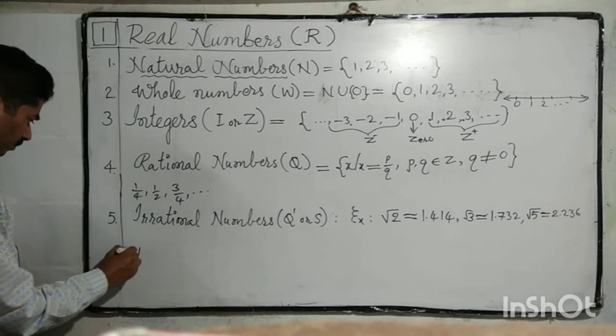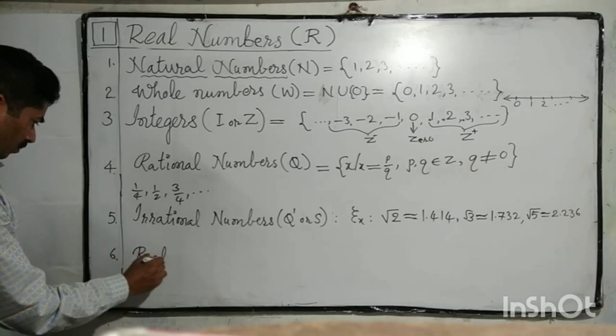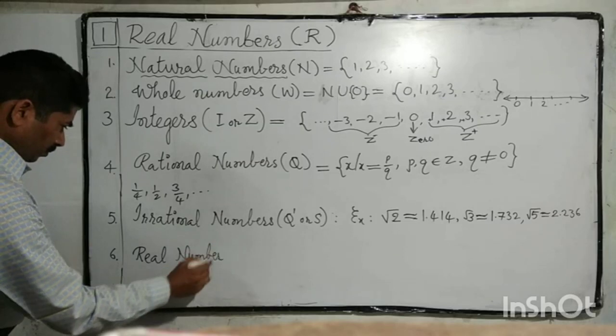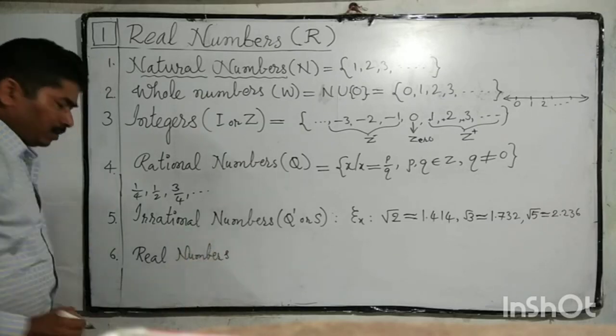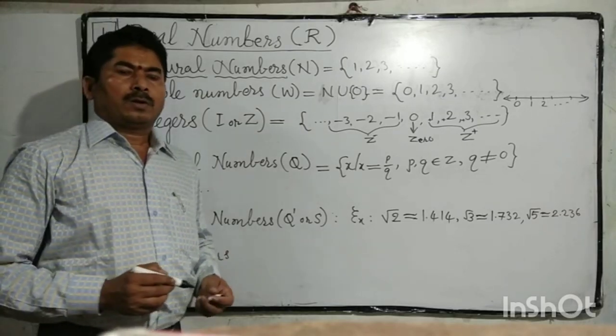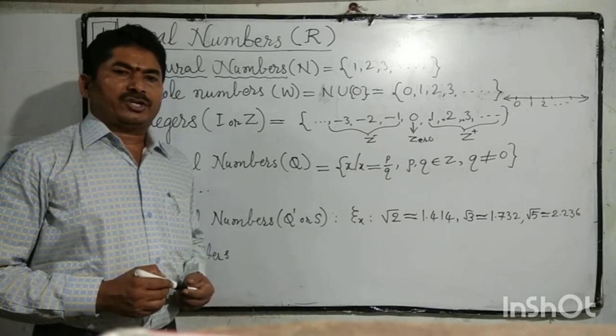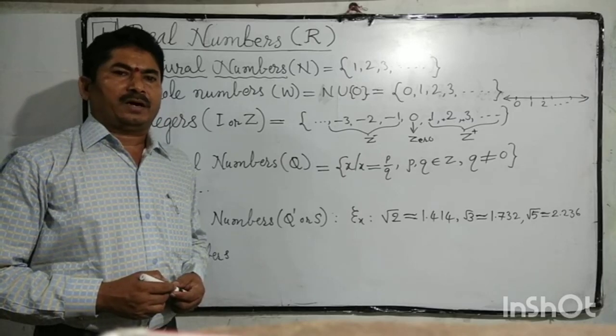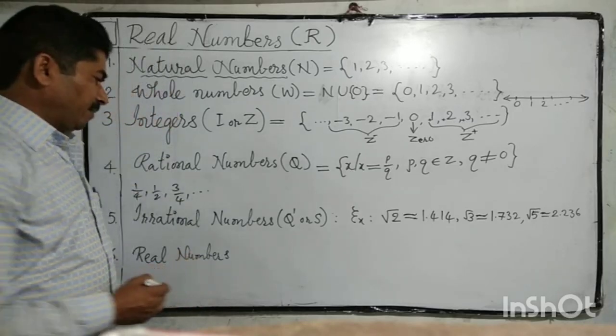Next, real numbers. The set of rational and irrational numbers together are called real numbers.